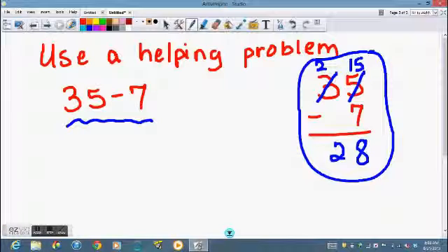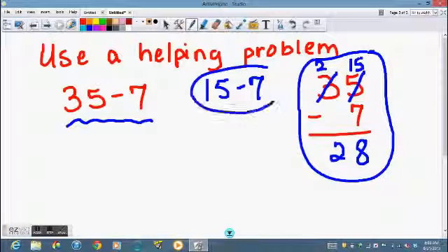Now, why is this a helping problem? Well, when we're doing the subtraction here and we had to borrow, notice we had a 15 up here that we ended up using in the subtraction. And when we used that 15, it made the tens digit come down by 1. So instead of a 3, we had a 2 there.